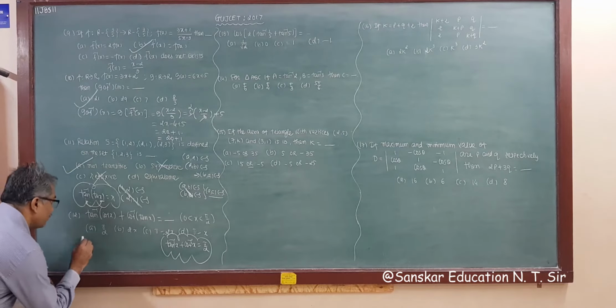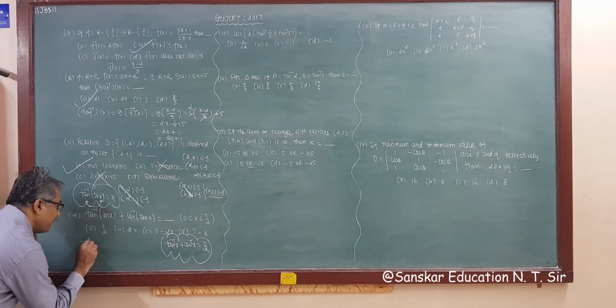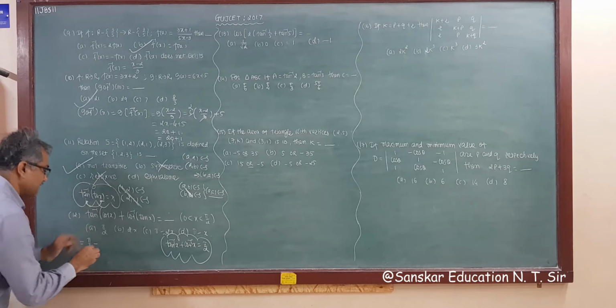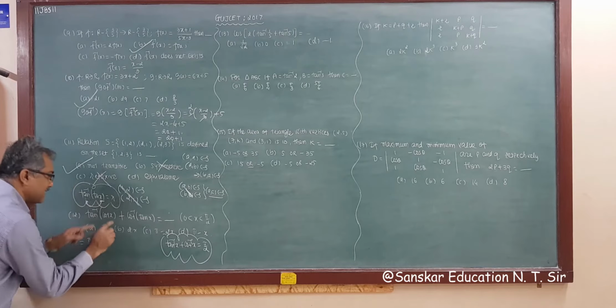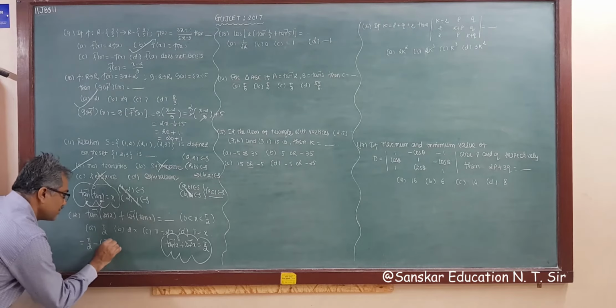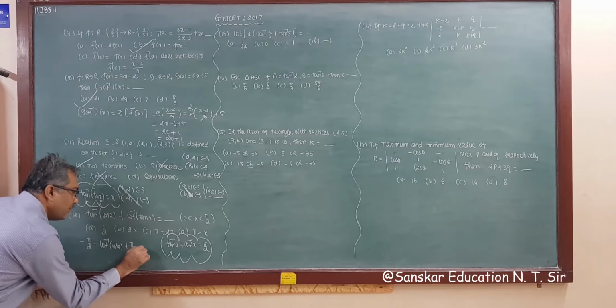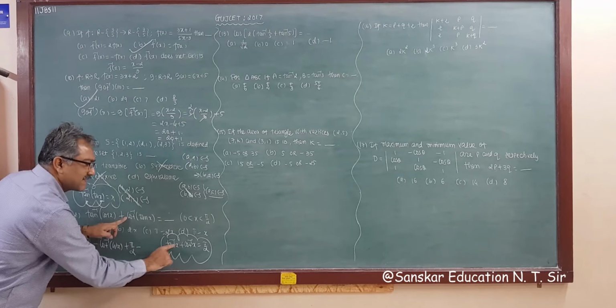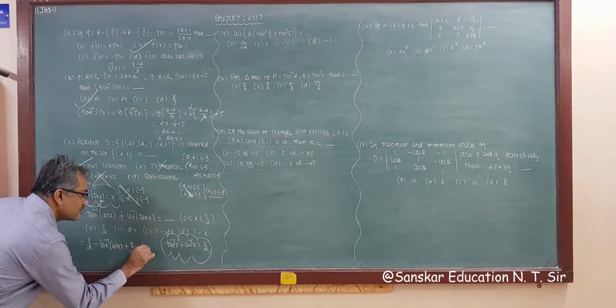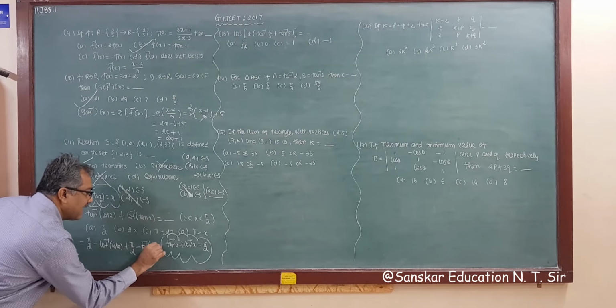So the answer is pi by 2 minus cot inverse cot x, plus pi by 2 minus tan inverse tan x.